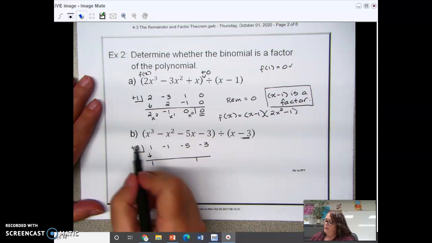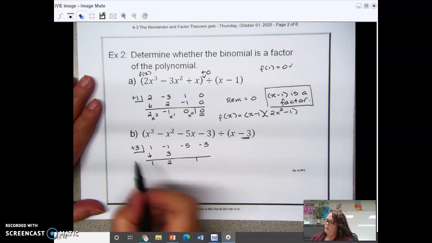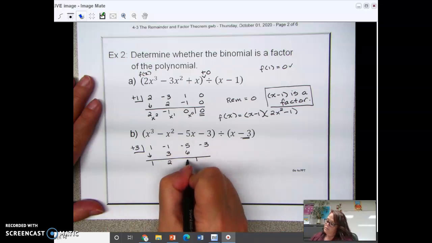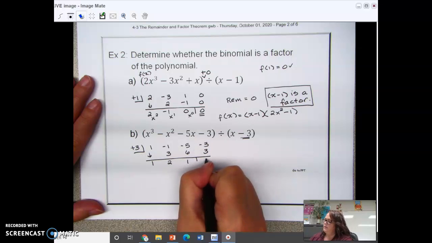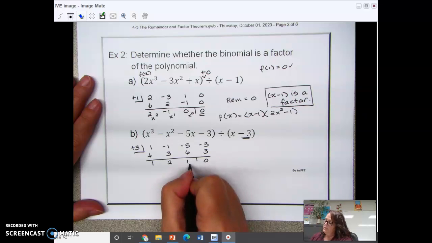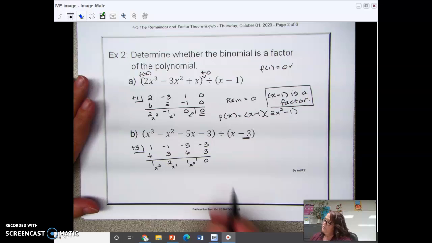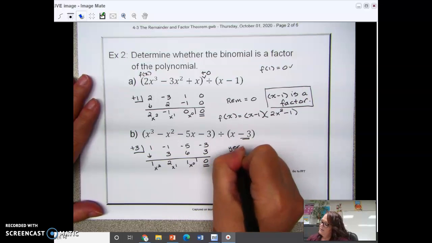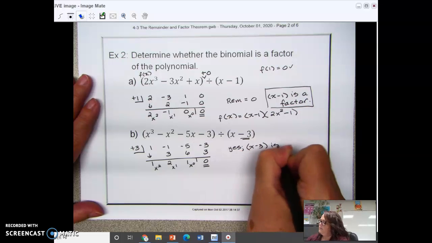So dropping the 1, 3 times 1 is 3, -1 plus 3 is 2, 3 times 2 is 6, -5 plus 6 is 1, 3 times 1 is 3, and -3 plus 3 is 0. So this is x to the 0, x to the first, x to the second. So again, because I have a remainder of 0, I can say yes, that x minus 3 is a factor.